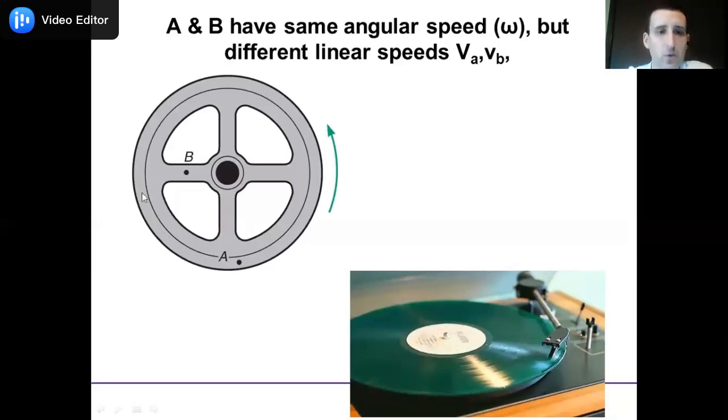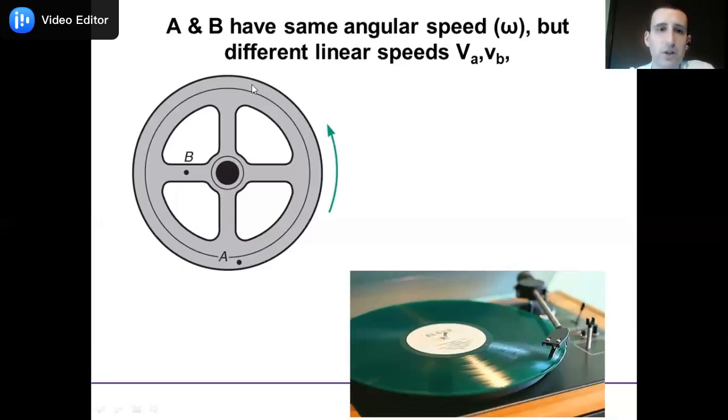For A to go a quarter of a circle, he's got to cover that much distance. For B to go a quarter of a circle, he's only going to cover that much distance. But they're both going to do it in the same time. So if you do a greater distance in the same time, then you've got to be faster, right? This goes back to our discussion of the track and the fact that the outer lanes of the track are longer and the inner lanes are shorter.